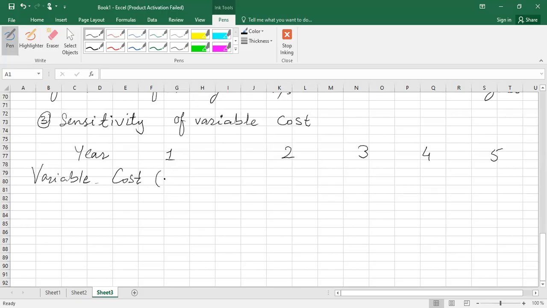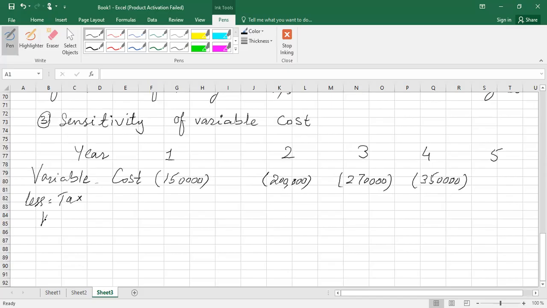Suppose we assume that variable cost for year 1 is 150,000, for year 2 is 200,000, then 2,670,000, and then 350,000. Now less tax payment. Sorry, here we don't have tax payment, here we have tax saving, because we are paying cost.